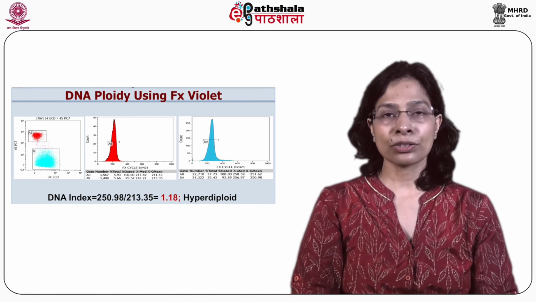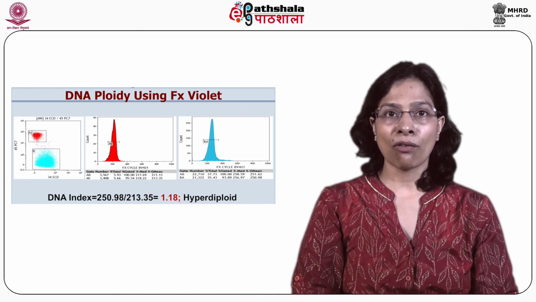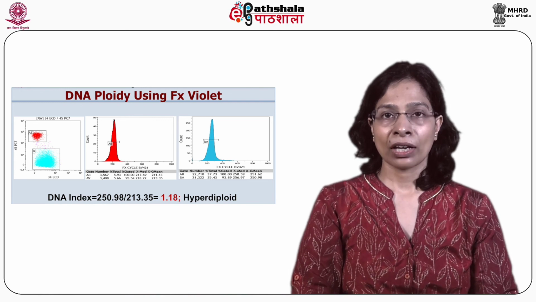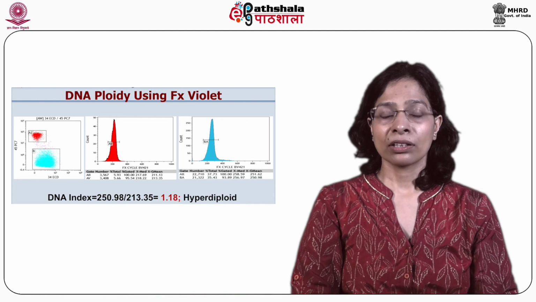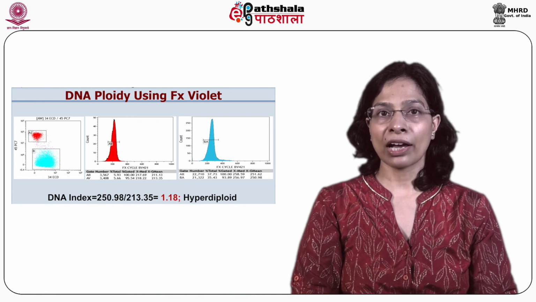In the next histogram, you can see that the mean fluorescent intensity of the FX cycle violet is 213.35, and in the next plot, the mean fluorescent intensity of the aqua colored cells or the blasts is 250.98.